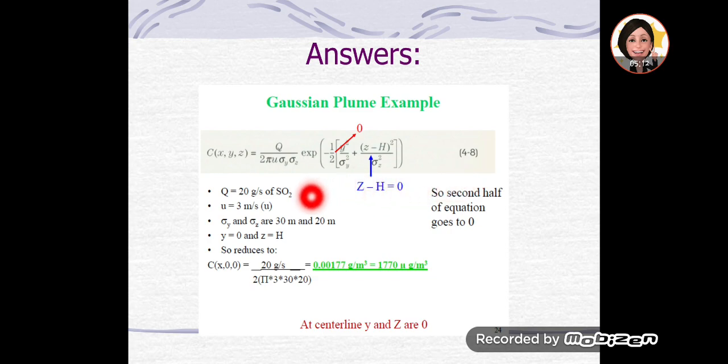This is the Q, U, and sigma y and sigma z are given. For a center line, y is 0, z is 0, which means h is 0. At center line, z is equal to 0, so that gives us a 0. That reduces the equation to only one part. Then when we solve this, we get the concentration at the center line.